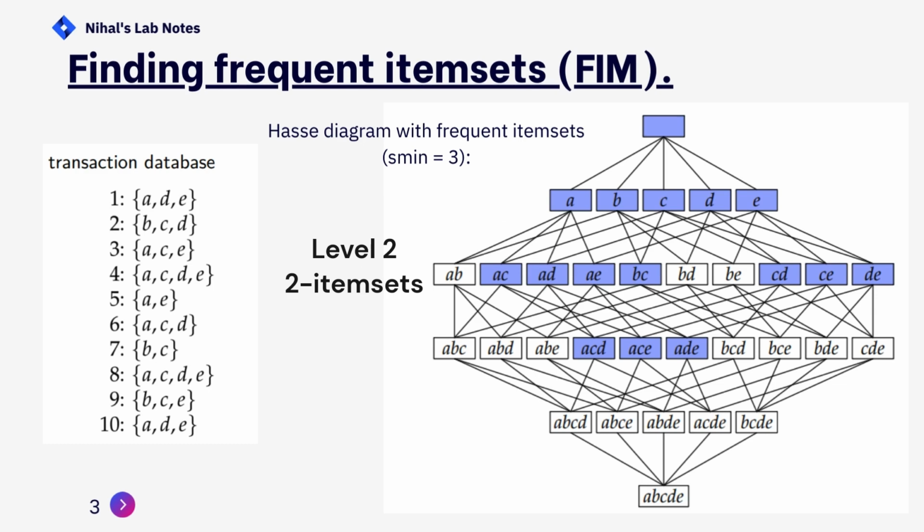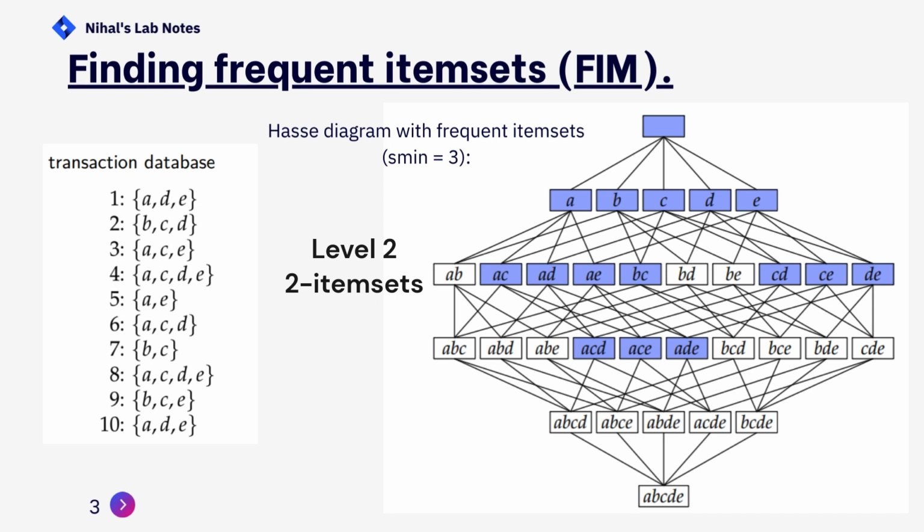For the second level, we are going to take 2-item sets. It means A with B, A with C, then A with D, then A with I. It's the same for the others.